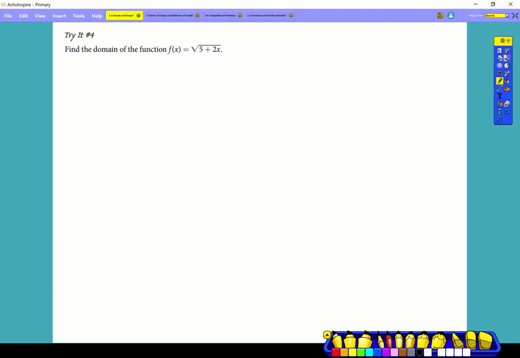Now we're going to find the domain of this function. It looks like this function will be a square root. So what does that tell me? A square root is, and this is a hard one to describe, because everybody knows what a square root is.